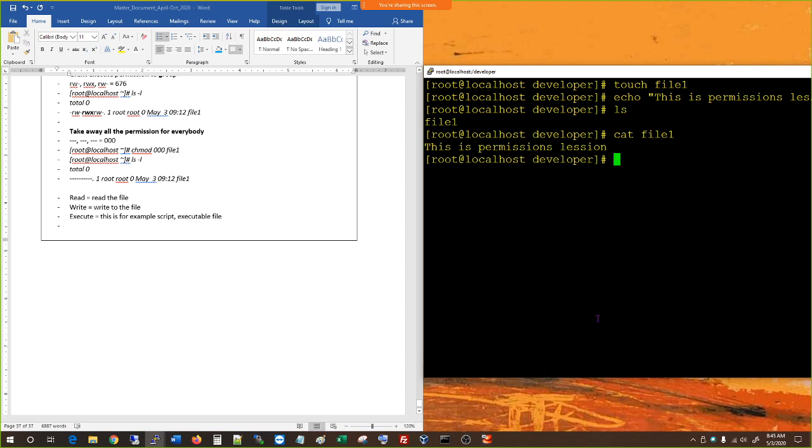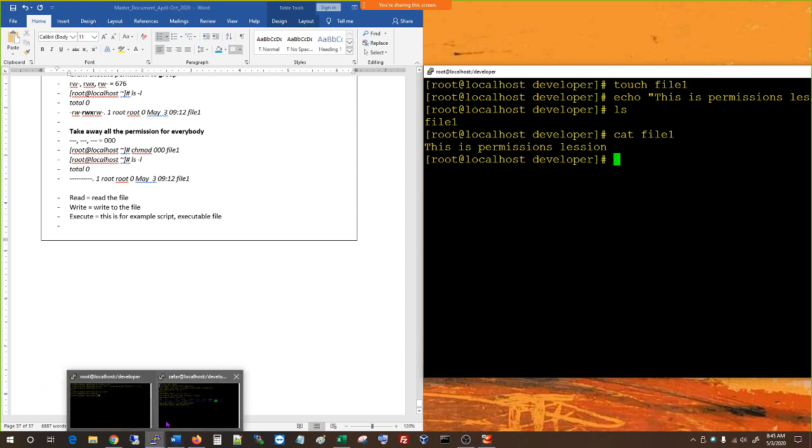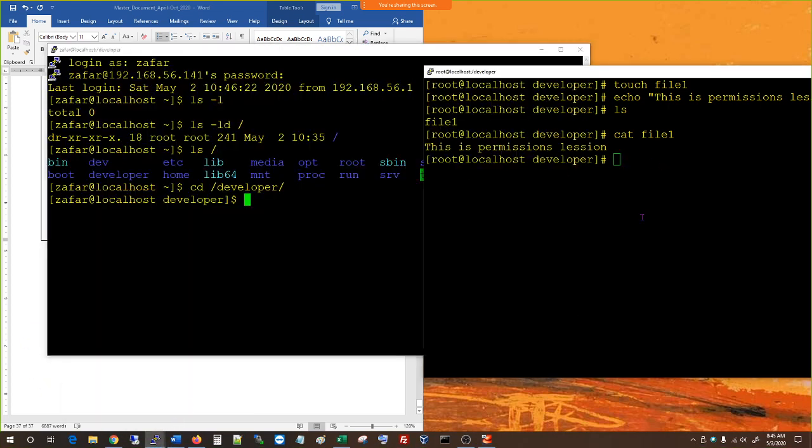So I'm going to go in here as a regular user. For a regular user, by default the permissions are 644. Whenever a file is created, the default permission is 644. So this is the owner, and the owner in this case is root.